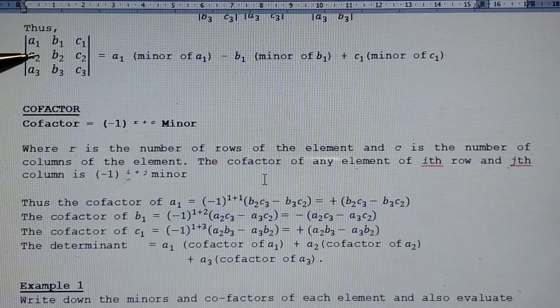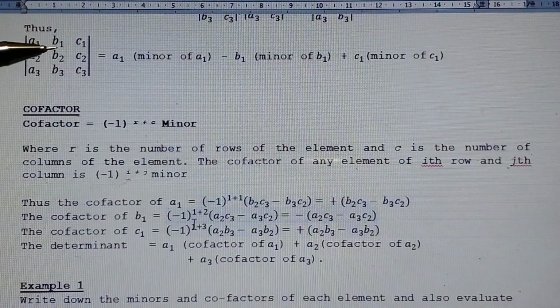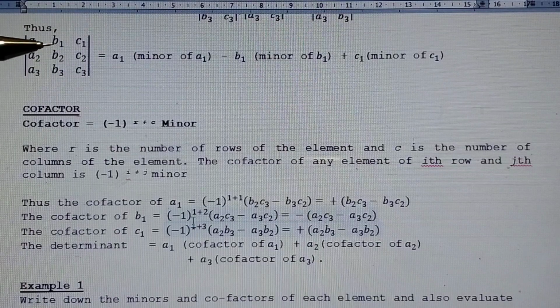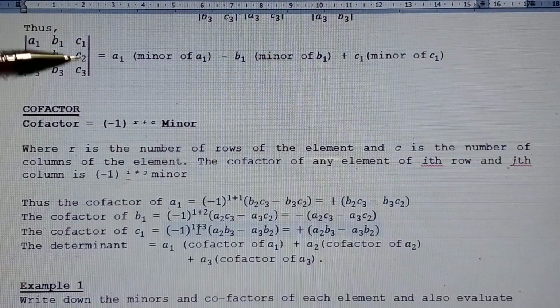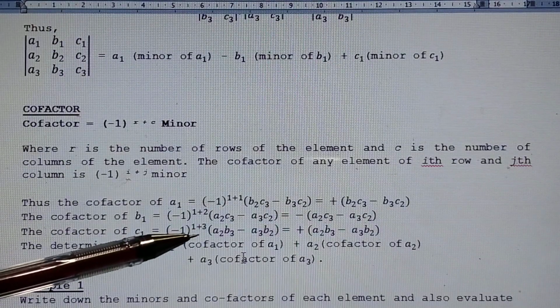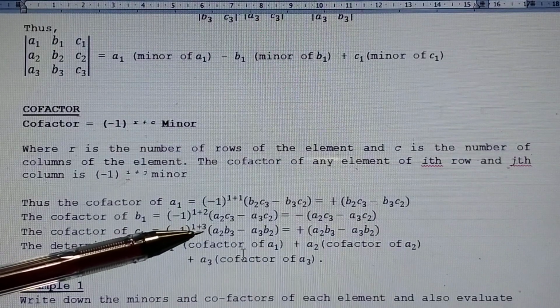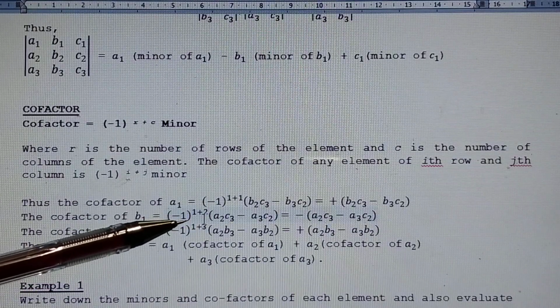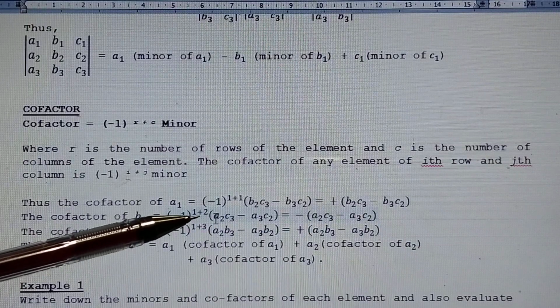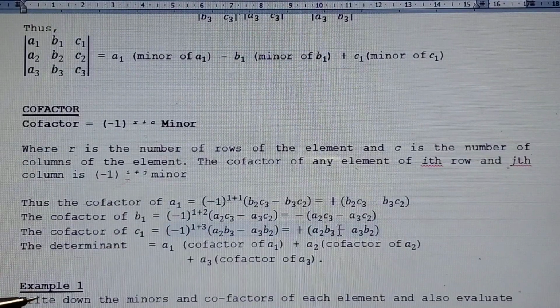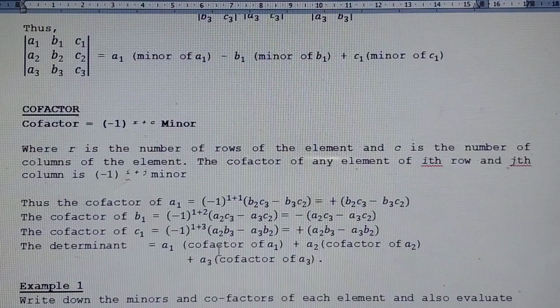Then, kung nasa B1 naman tayo, ang location niya ay row 1, column 2. Ang location naman ng C1 ay row 1, column 3. Kaya siya ay naka-raise sa 1 plus 3. At itong B na nasa column 2 ay 2 plus 1, and multiply by their respective minors.